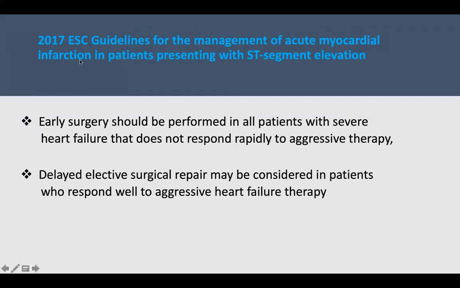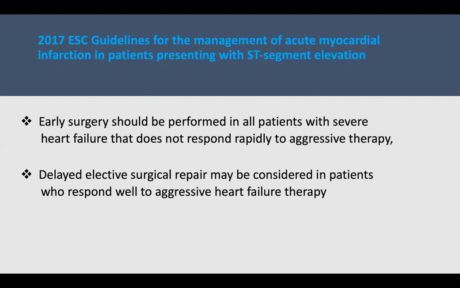But the European Society says that early surgery should be performed in all patients with severe heart failure that does not respond rapidly to aggressive medical therapy. However, delayed surgical repair may be considered in patients who respond well to aggressive heart failure therapy. So if the patient is sick, take him to the OR. If the patient is rock stable, then it is better to wait because your outcome will be much better. As we'll see in the coming slides, the outcome depends on the timing of surgery.